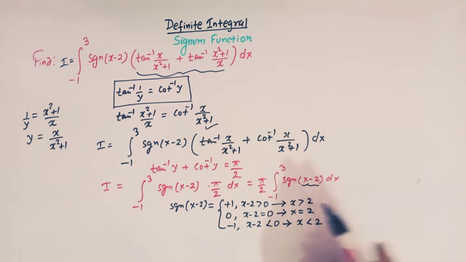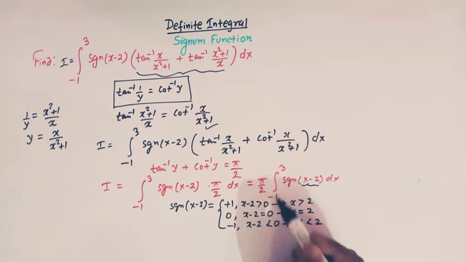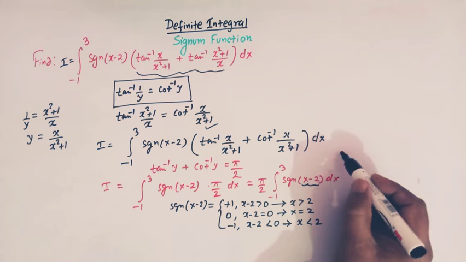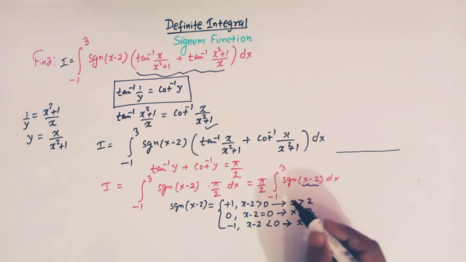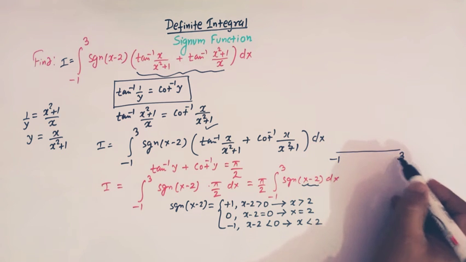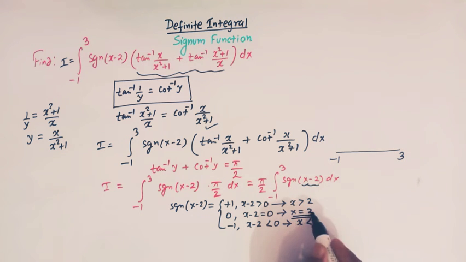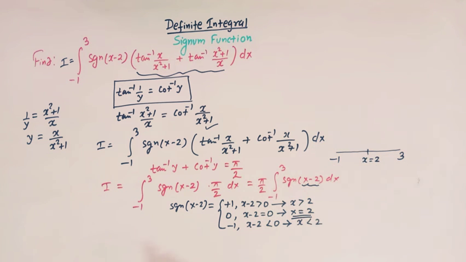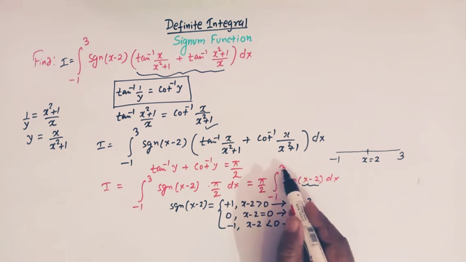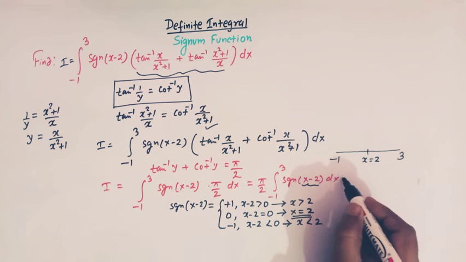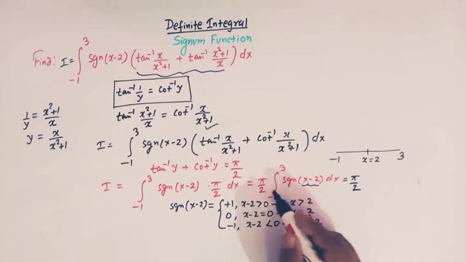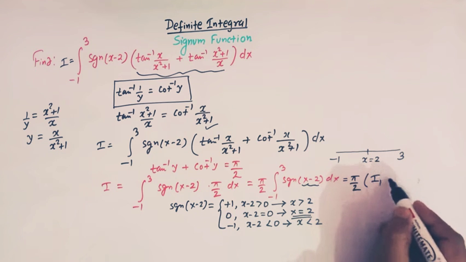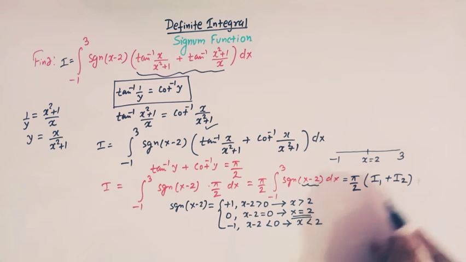Okay, so now let us see the limits of integration. Here we have to integrate from -1 to 3, and here we have x equal to 2. So x equal to 2 is the point where we have to break the limit. So this integral, from -1 to 3 of signum of (x minus 2), can be written as a sum of two integrals, I1 plus I2.